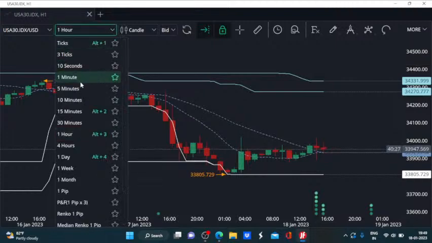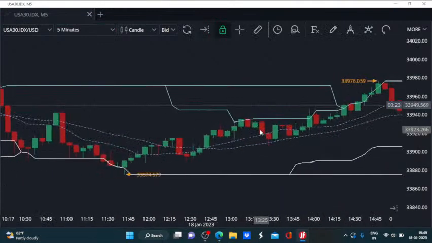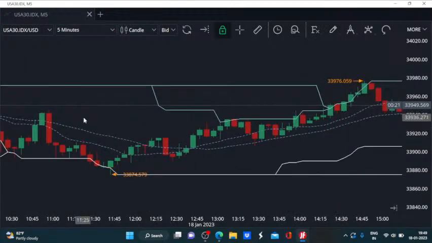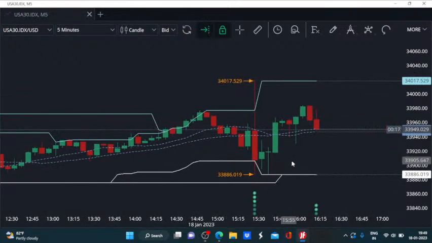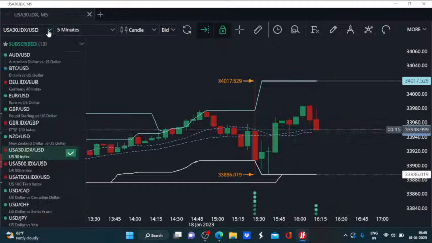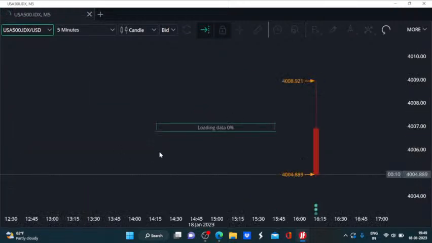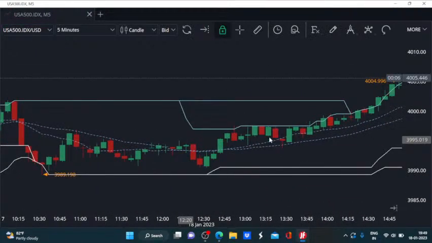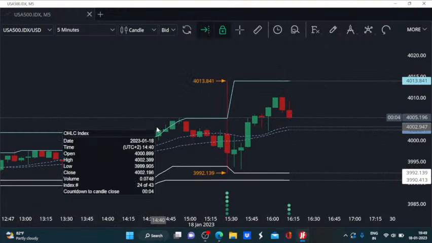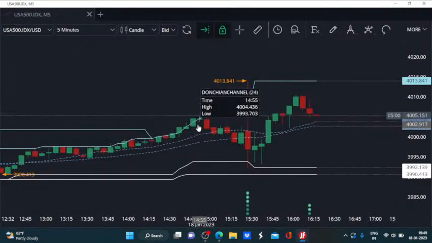So if we consider the price formation for the Dow Jones in today's session, it is almost going sideways. It is not really going anywhere. It is trading in this range of around 150 points. And let's see the price formation of the S&P 500. S&P 500 in today's session also is having a better momentum on the buy side compared to the Dow Jones Industrial Average.